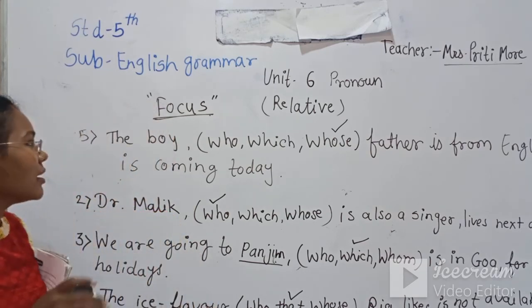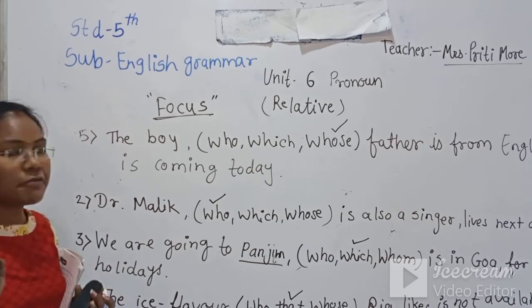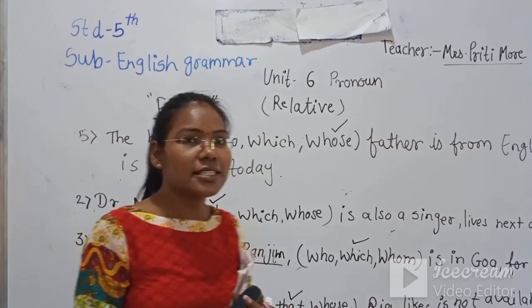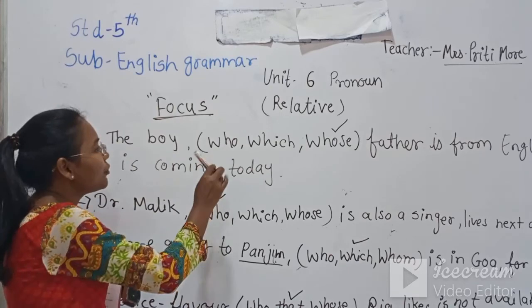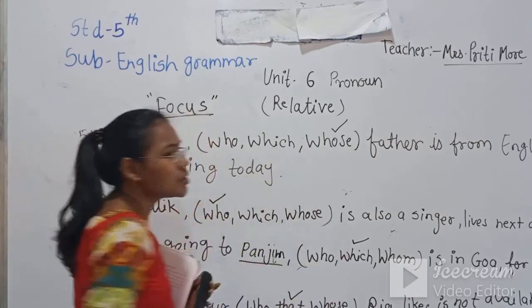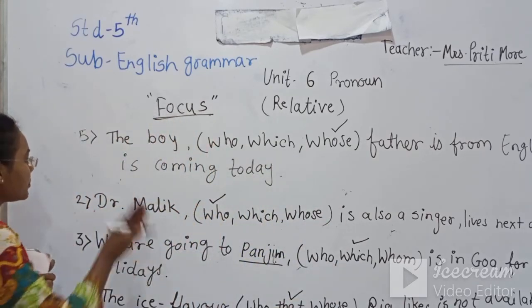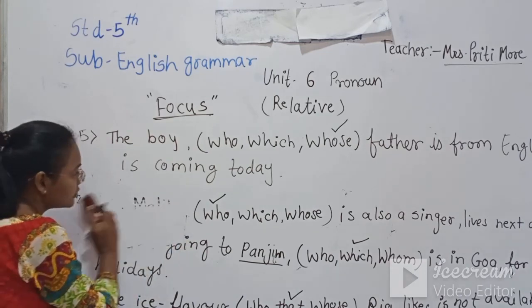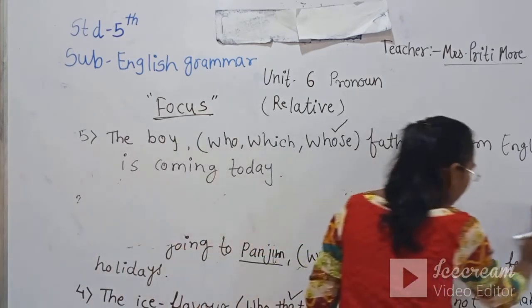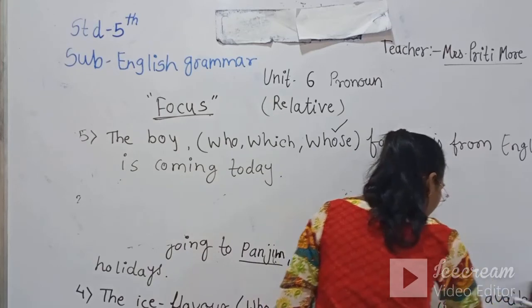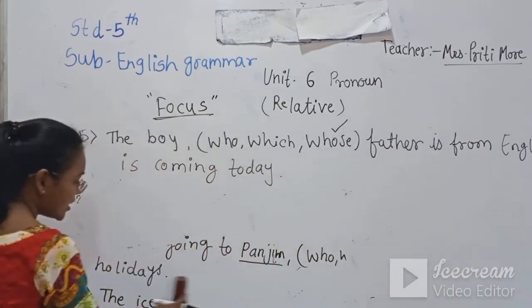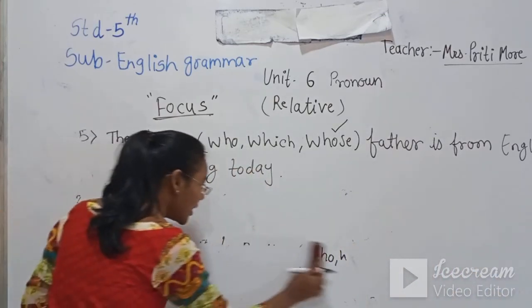You have to make 4 or 5 sentences by using the relative pronouns who, which, whose or whom. Any 5 sentences you can make on your own.